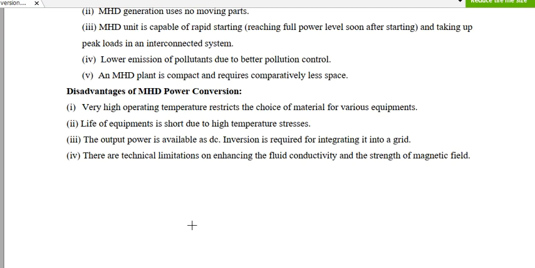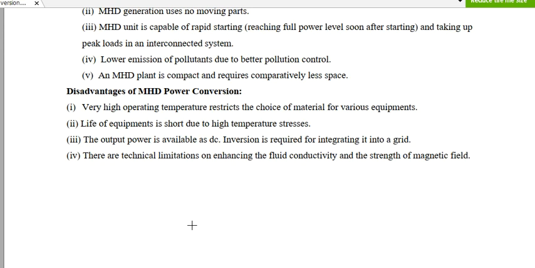It is obvious that very high temperatures are attained, and that's why only some selected materials can be used for construction of equipment, because all other materials can melt at such high temperatures. Life of equipment is short due to high temperature stresses. The output power is available as DC, so inversion is required for integrating into the grid.